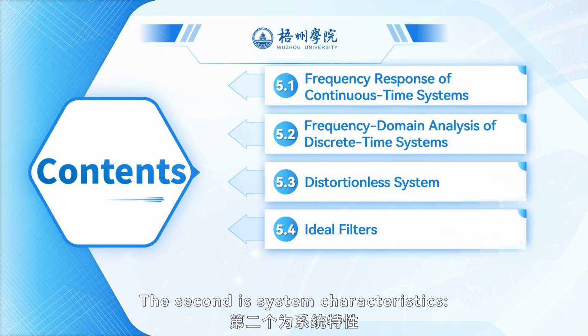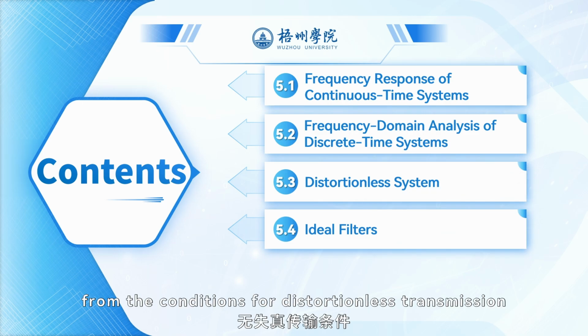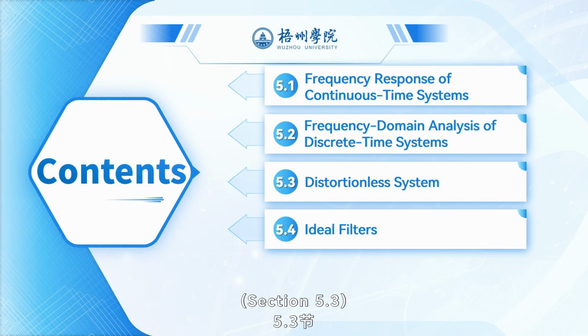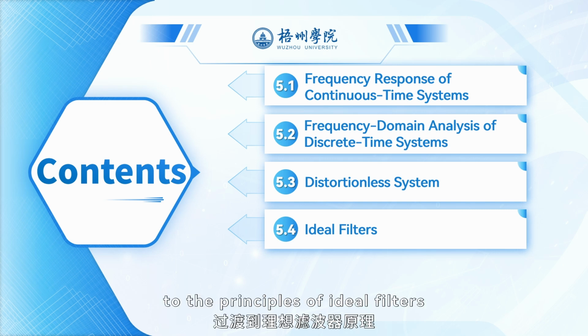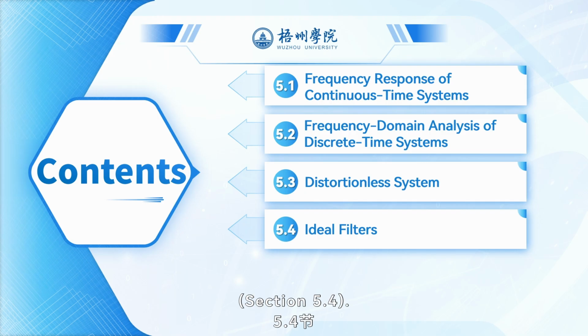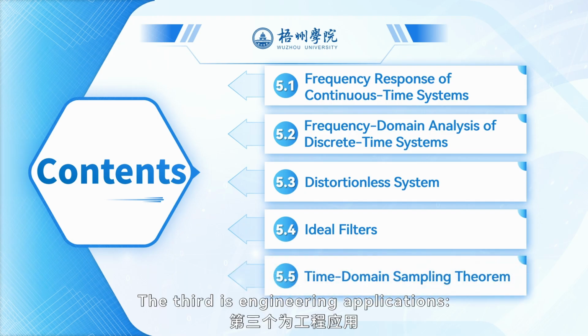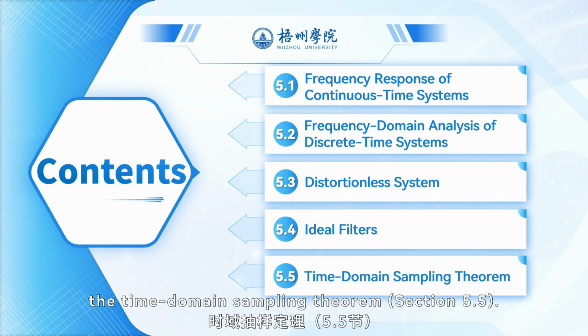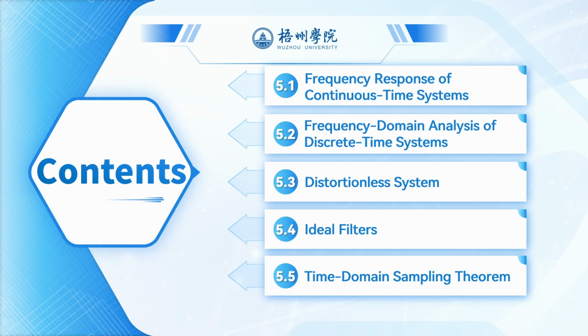The second is system characteristics, from the conditions for distortionless transmission, Section 5.3, to the principles of ideal filters, Section 5.4. The third is engineering applications, the time domain sampling theorem, Section 5.5.